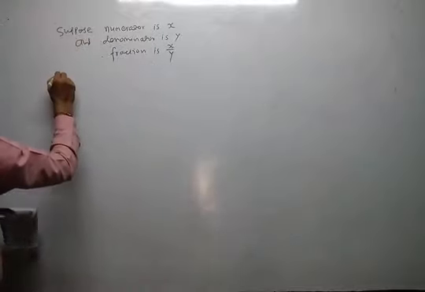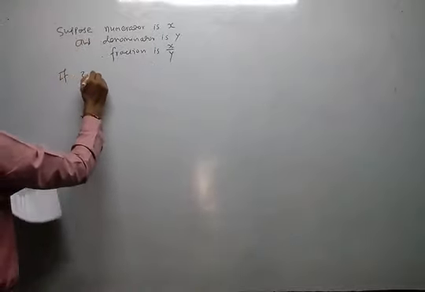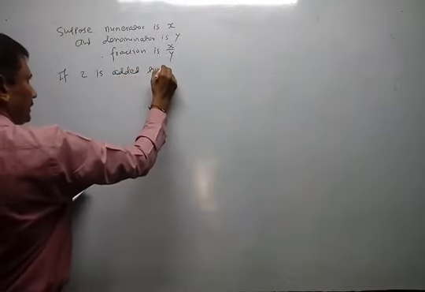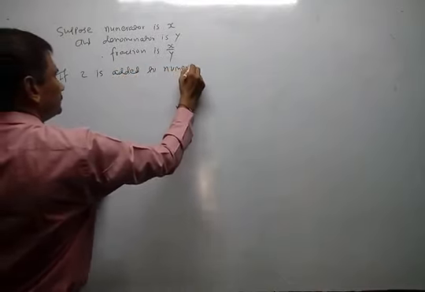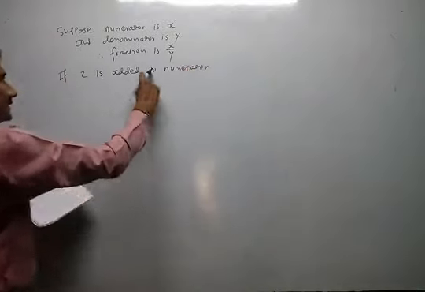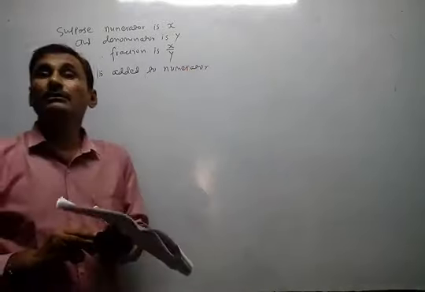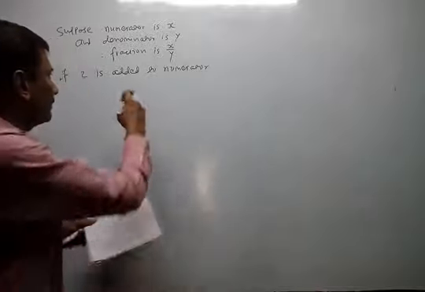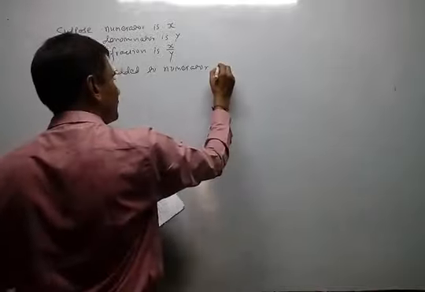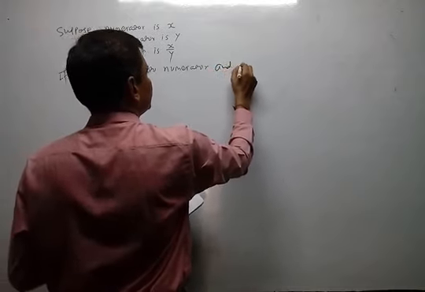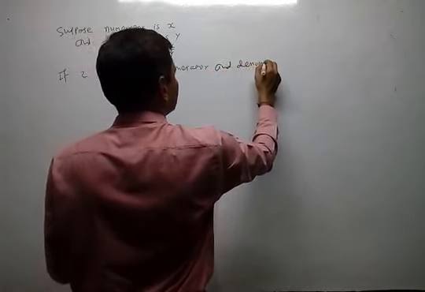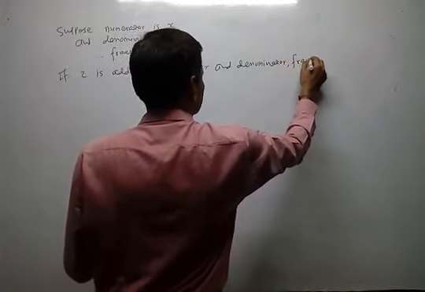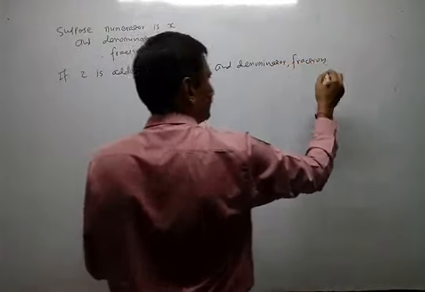So write down, if 2 is added to the numerator and denominator. Okay, I always write the statement first, then only the equation. Don't write the equation directly. The required part should be shown here, numerator and denominator. Fraction becomes 9 by 11.